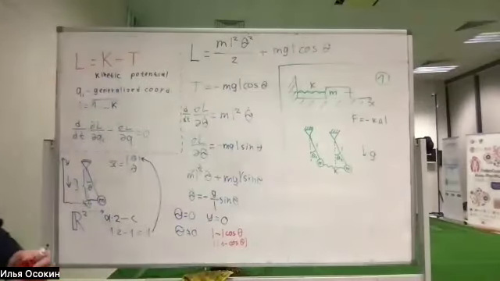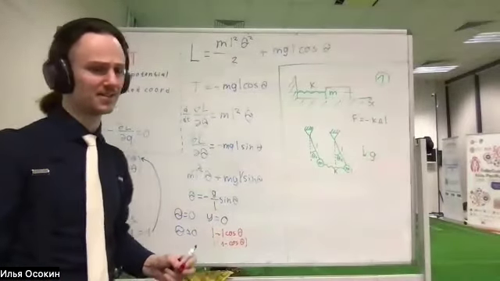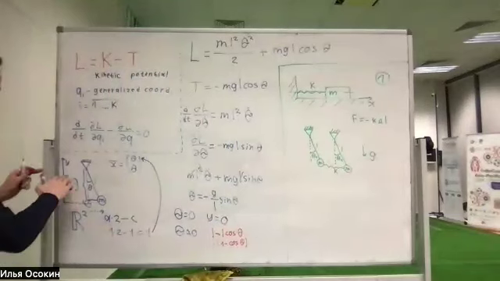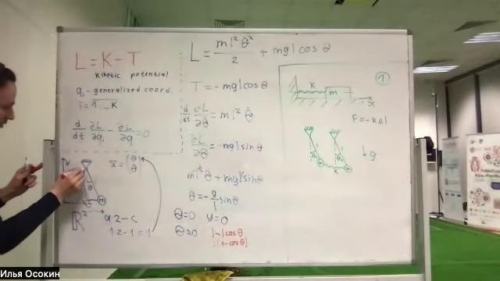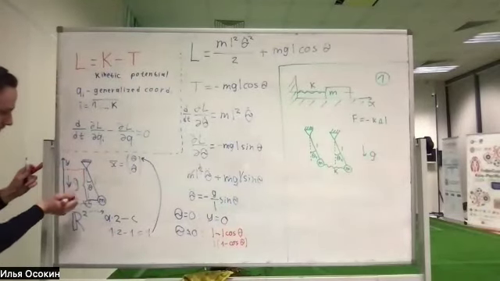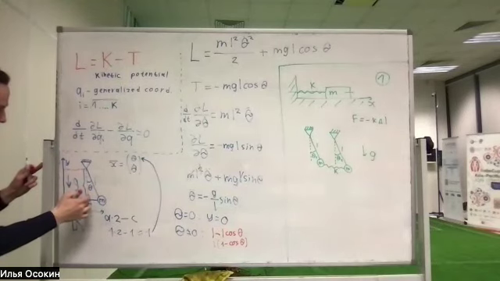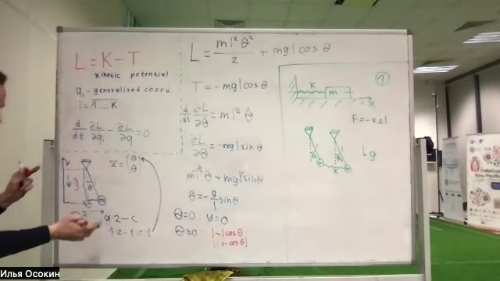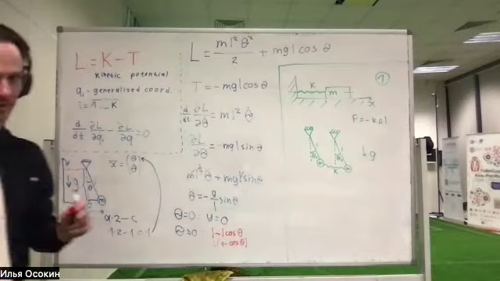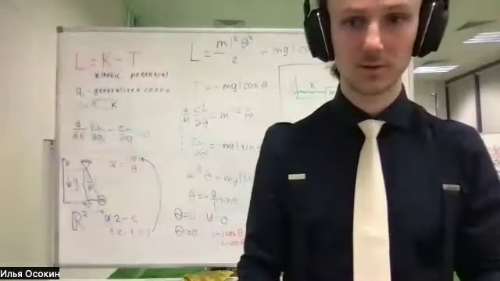Maybe I'm slightly overcomplicating stuff. But if we just assume the 0 of y to be here, the height will be just negative L times cosine theta. Did it become any clearer, or am I confusing you?